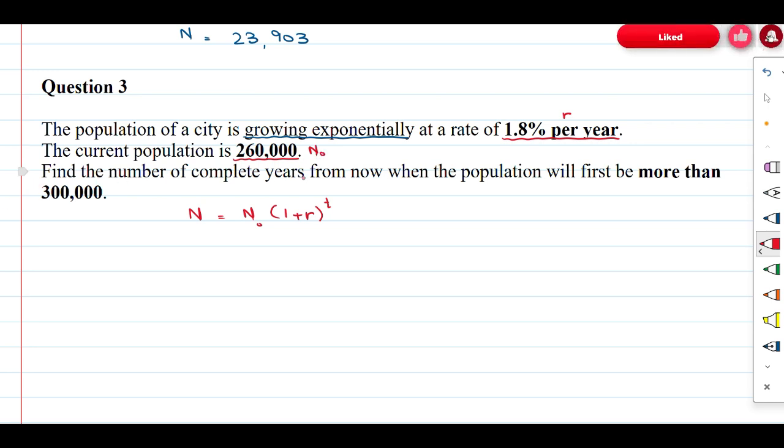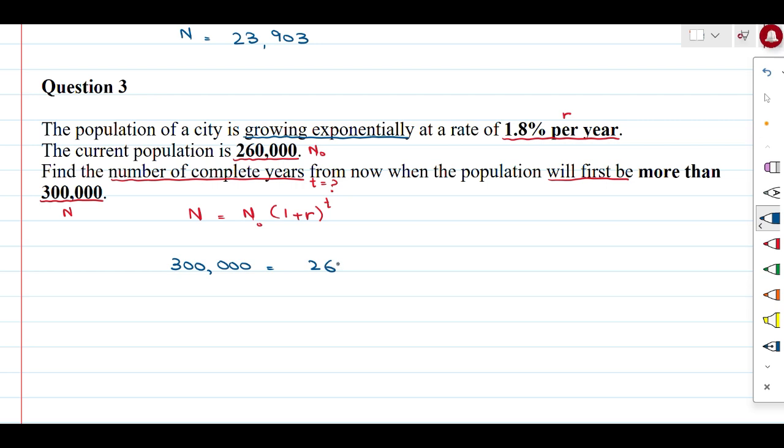Find the number of complete years from now when the population will first be more than 300,000. We need to solve for time, the t value. This is your N value, sorry, not N naught. We need to figure out the number of complete years when the population will first be more than this.